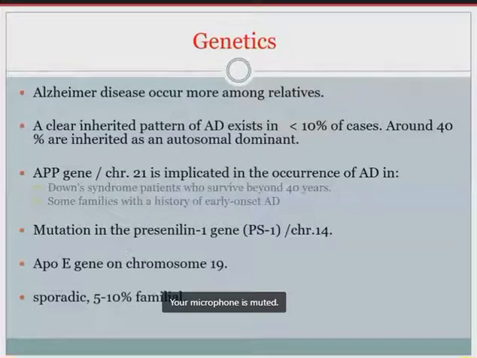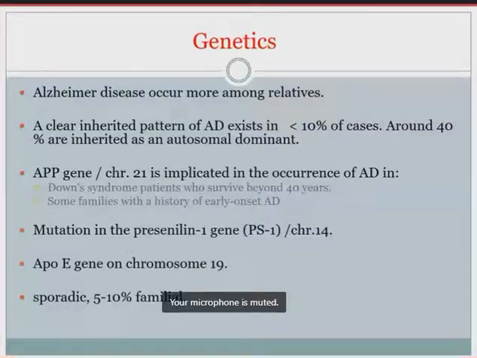The amyloid precursor protein gene, which is on chromosome 21, is implicated in the occurrence of Alzheimer's disease. A person with Down syndrome may develop Alzheimer's disease if he or she survives beyond 40 years, and some families have a history of early onset Alzheimer's disease.